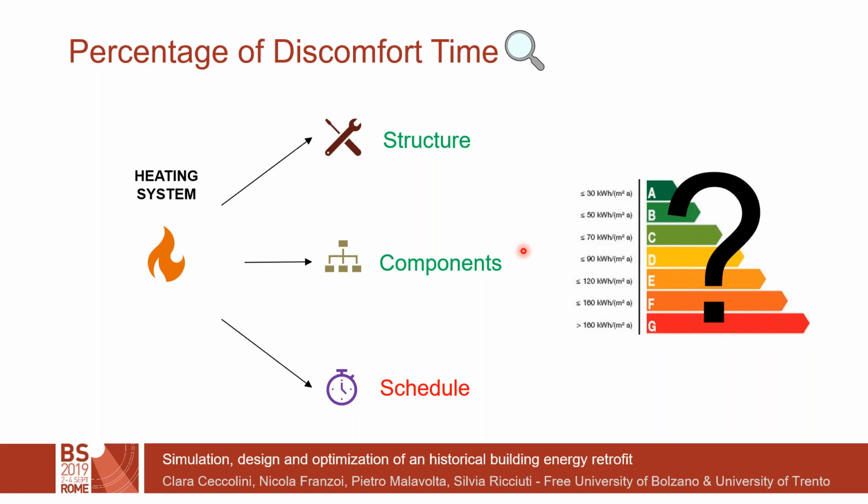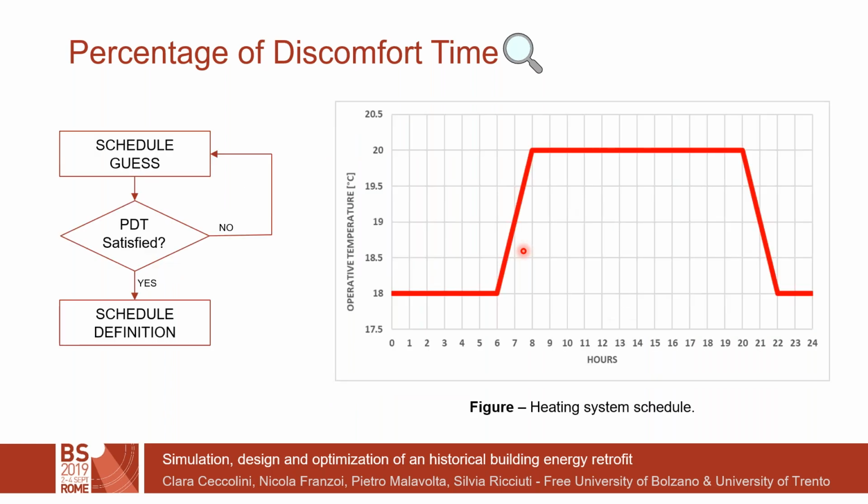To do so, we first sized the system during the design day of the weather file. Then we tested it, following an iterative process as reported in the figure. We guess a first schedule, we run the simulation, and we compute the whole building percentage of discomfort time.